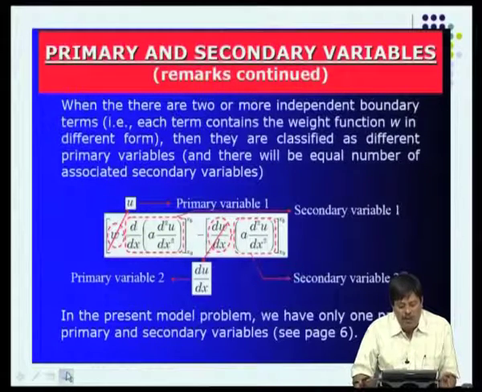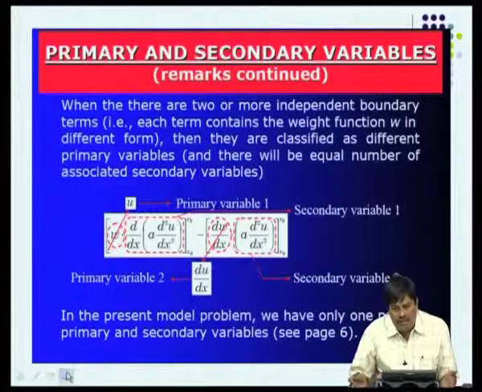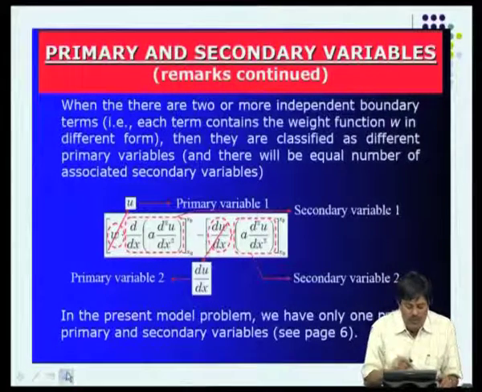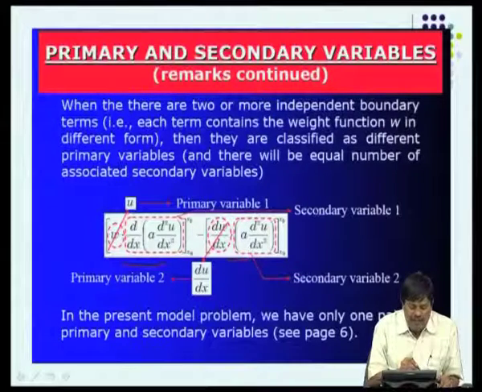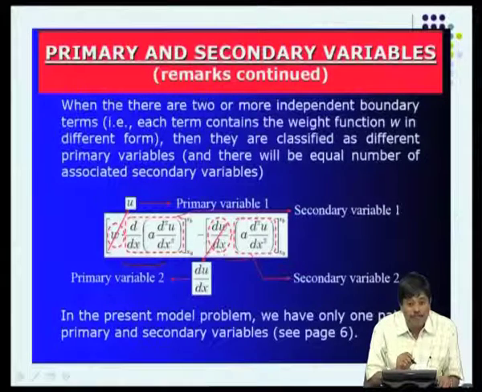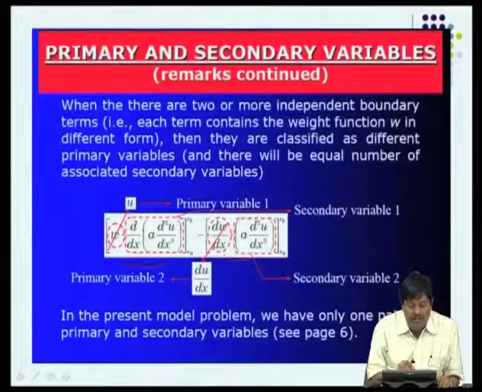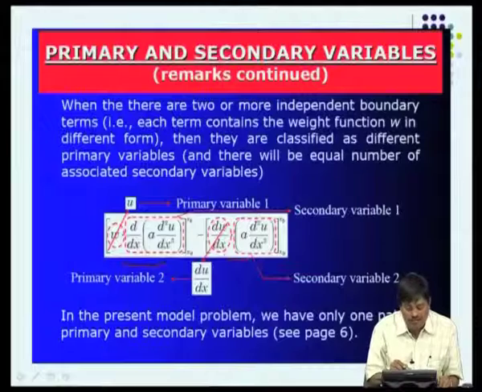When there are two or more independent boundary terms, that is, when each term contains a weight function w in a different form, for example, if we are talking about a fourth order system such as a beam, you would get boundary terms of this form, where you have a primary variable in w and dw by dx, and secondary variables which are second order and third order, as shown here.